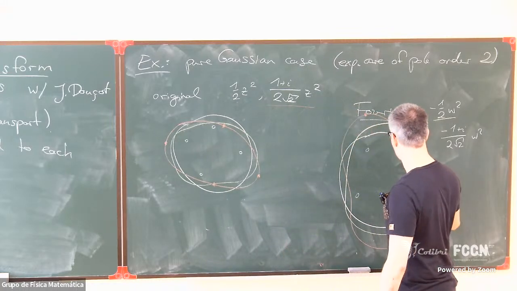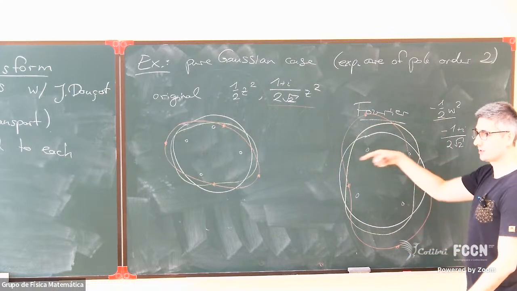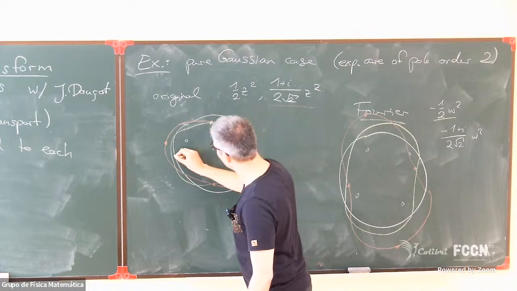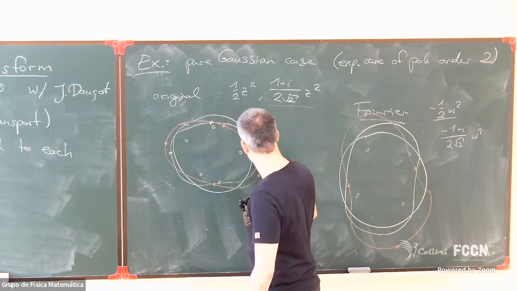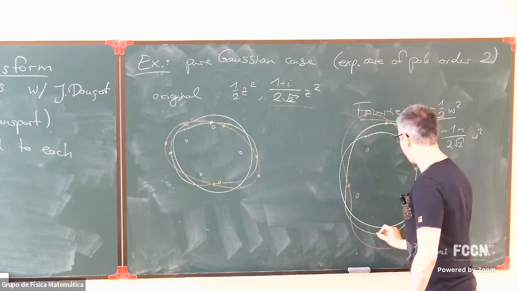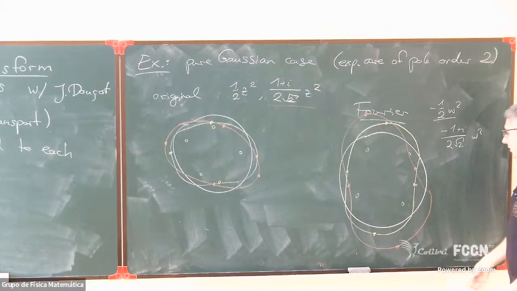And they will correspond automatically to base points on the other side, because these circles correspond to each other. And I do the same for the other exponent. So here, if I do this, I somehow have a canonical correspondence between base points on both sides.